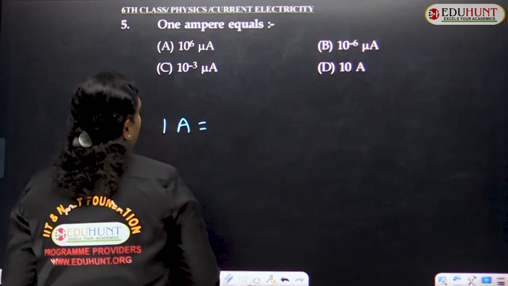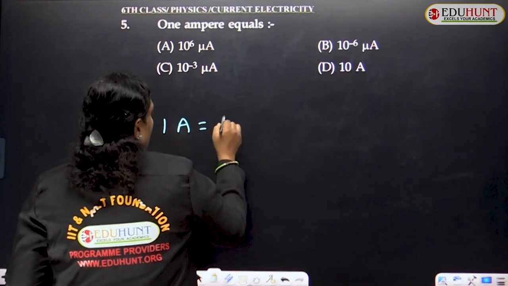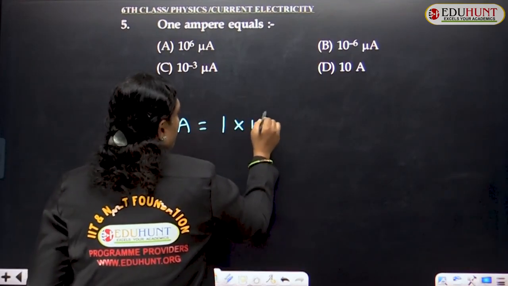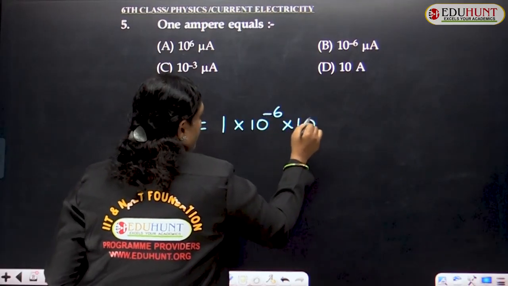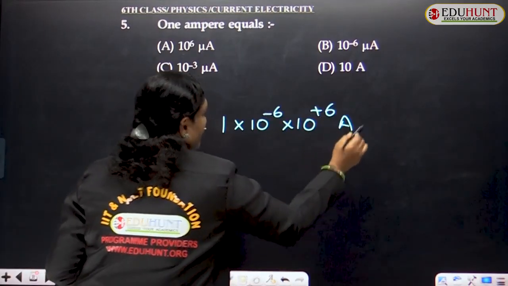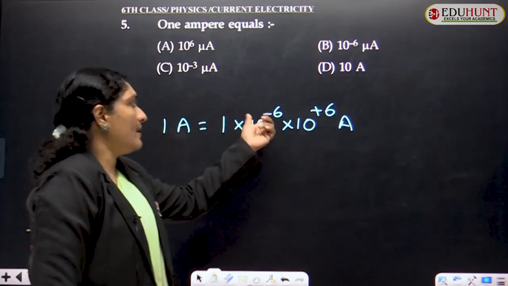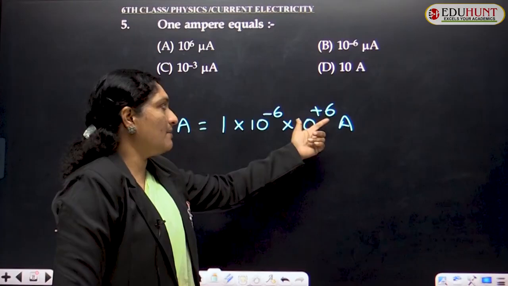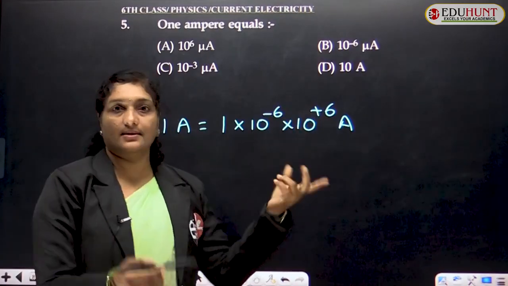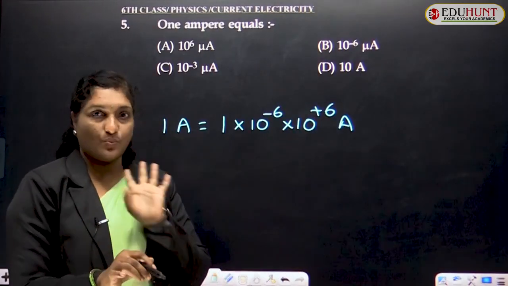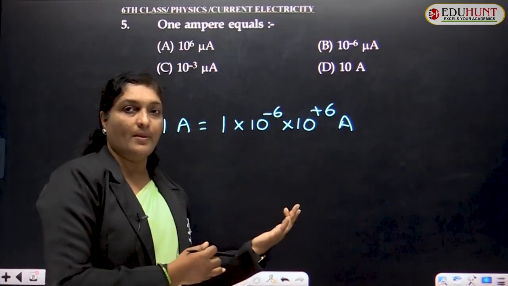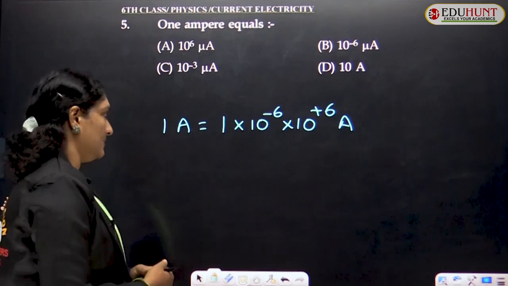So 1 ampere can be written as 1 into 10 power minus 6 into 10 power plus 6 ampere. May I write it like this? Minus 6 plus 6 is 0, so 10 power 0 is 1. So there is no difference.